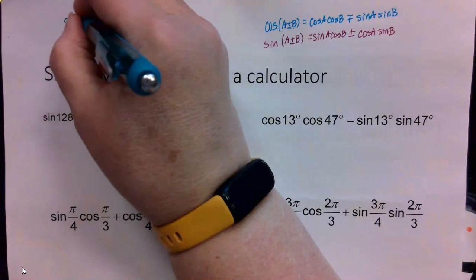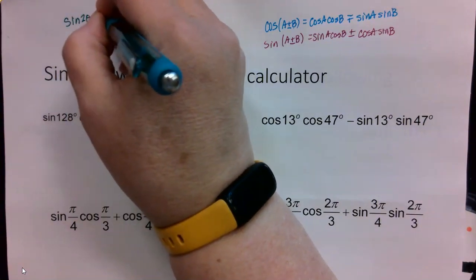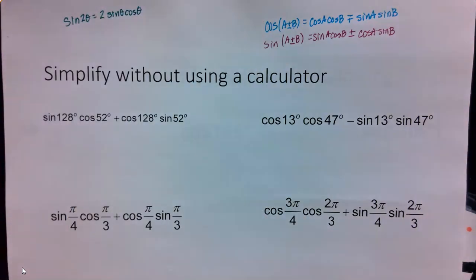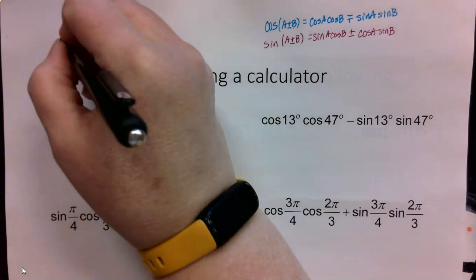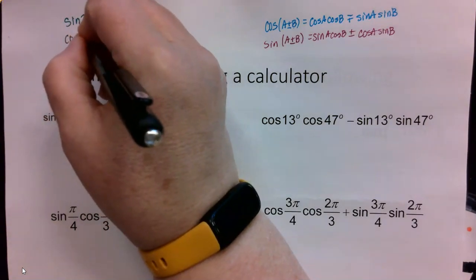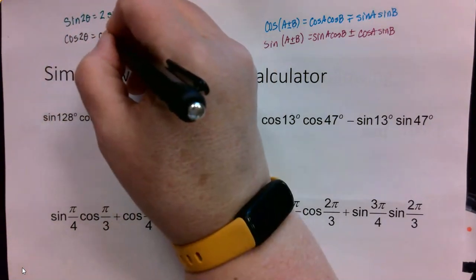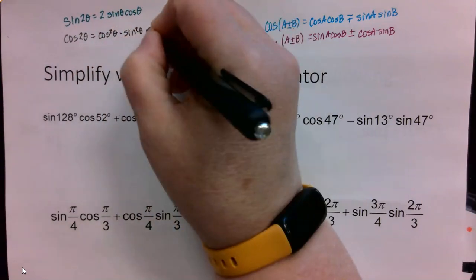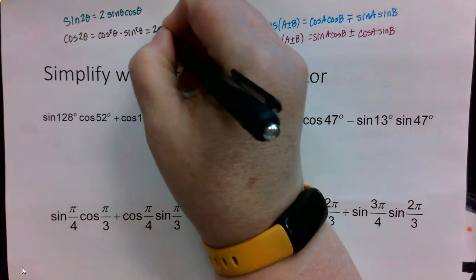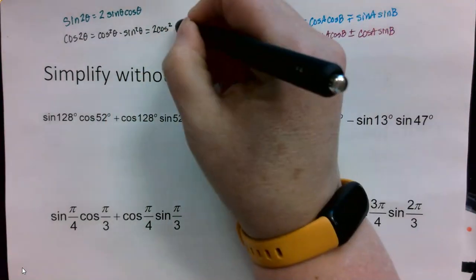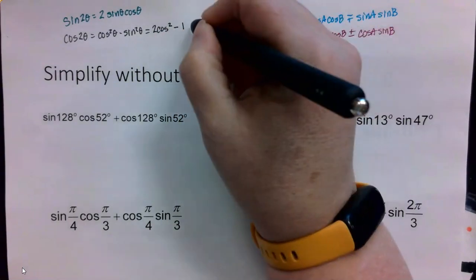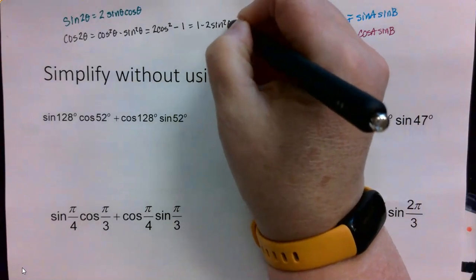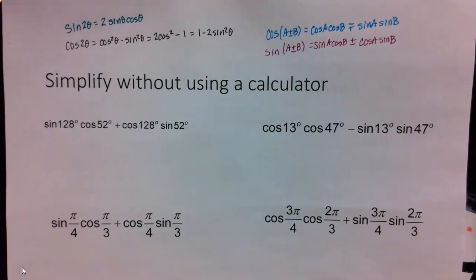So the sine of 2 theta is 2 sine theta cosine theta, or you could have the cosine of 2 theta, which is cosine squared minus sine squared, which equals 2 cosine squared minus 1, which equals 1 minus 2 sine squared. Boom. So I have those identities that I'm looking for here.